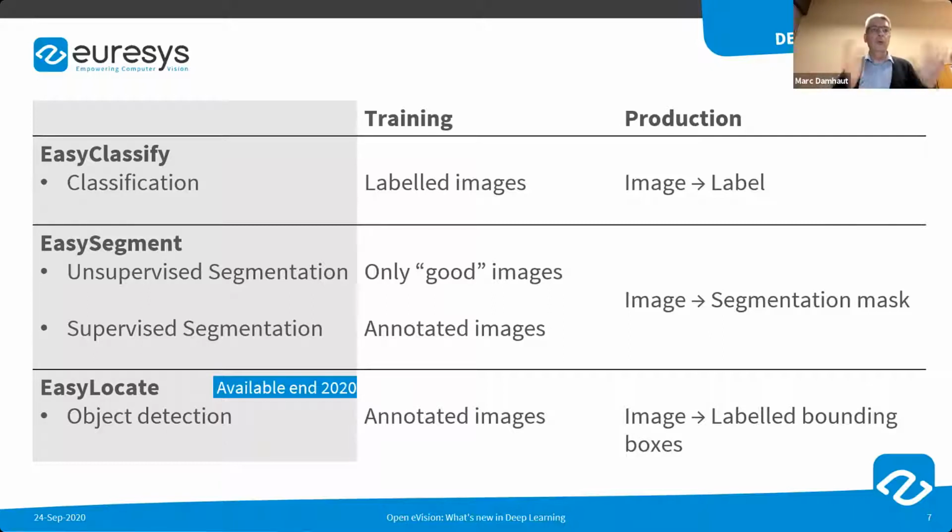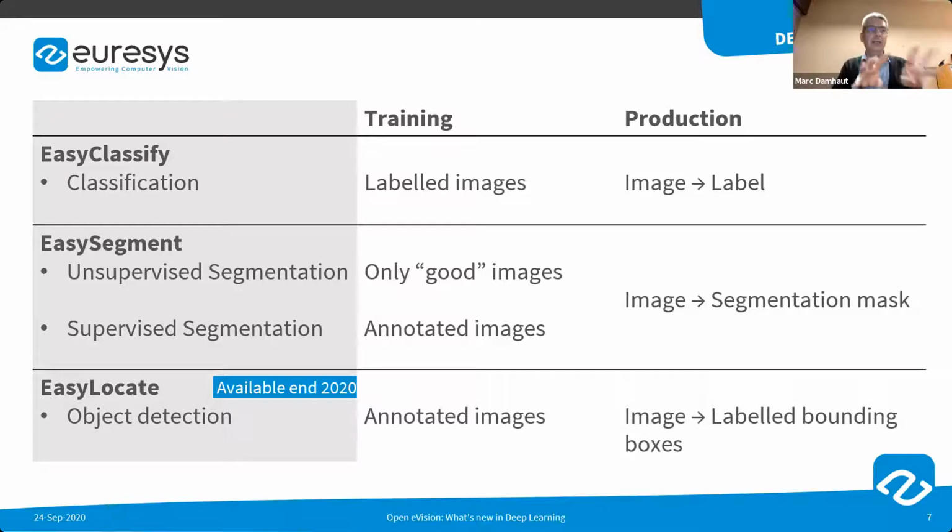There are two modes of segmentation in Easy Segment, the unsupervised segmentation and the supervised segmentation. Unsupervised segmentation requires only good images. And that's a very, very simple mode to use and to demonstrate. It's a mode that corresponds to a lot of application cases because it's sometimes very difficult to get clear images of defects.